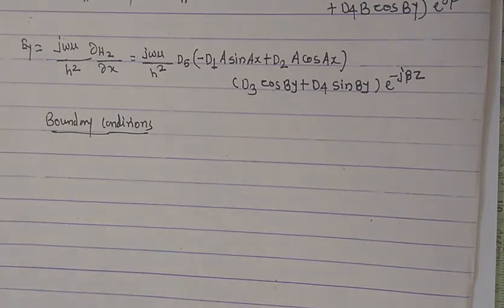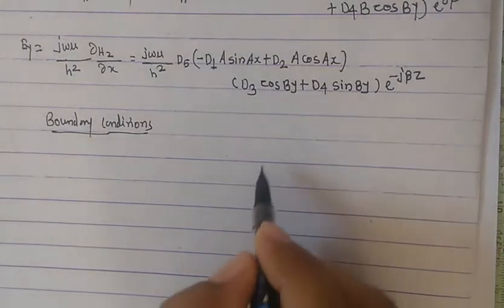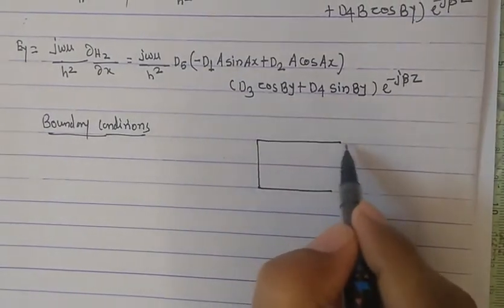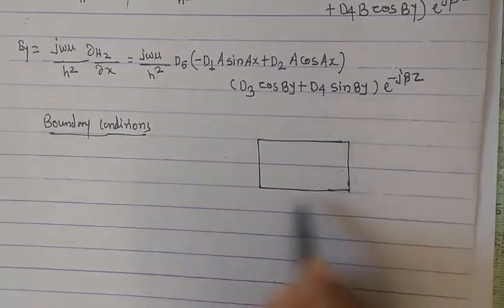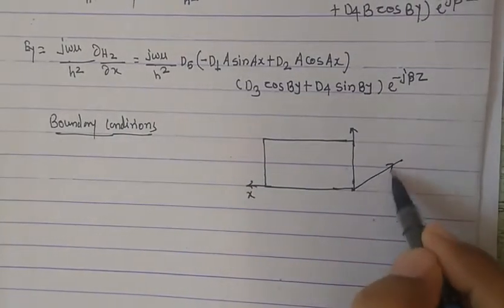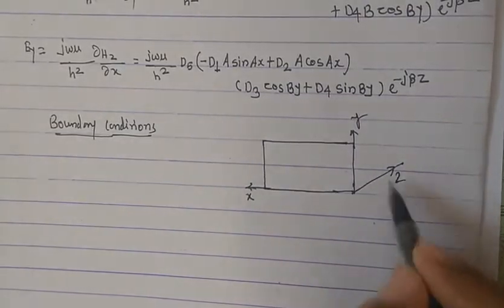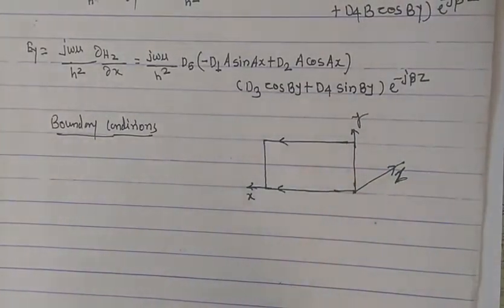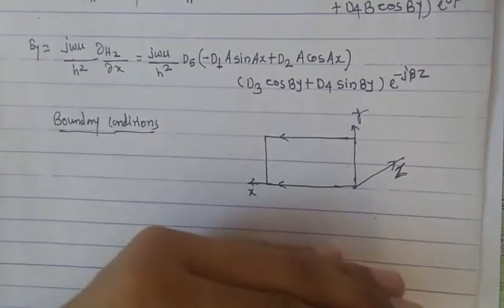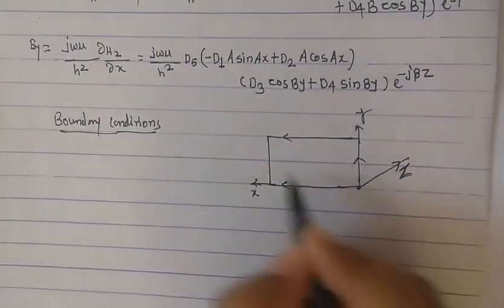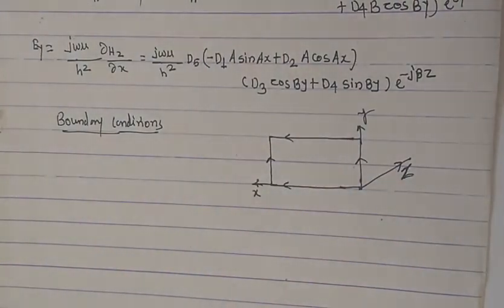But if you consider a waveguide, because you know that this is the x-axis, this will be the y-axis, and this is the z-axis. So Ex will be tangential to the horizontal walls of the waveguide, and Ey will be tangential to the vertical walls of the waveguide.